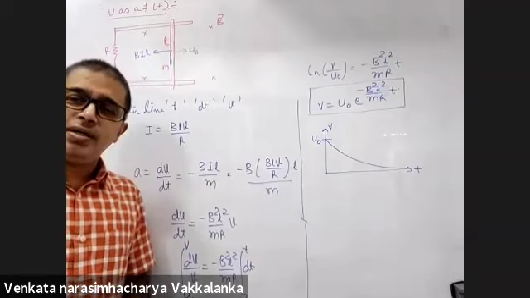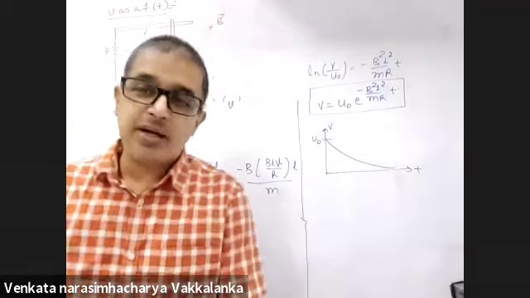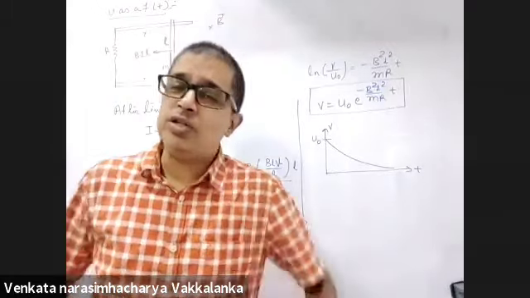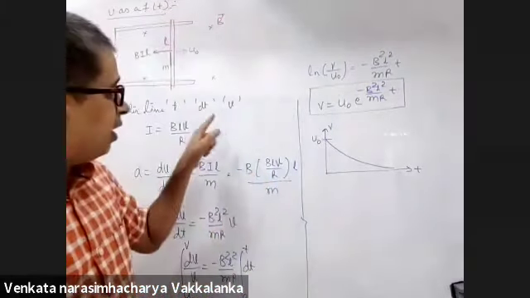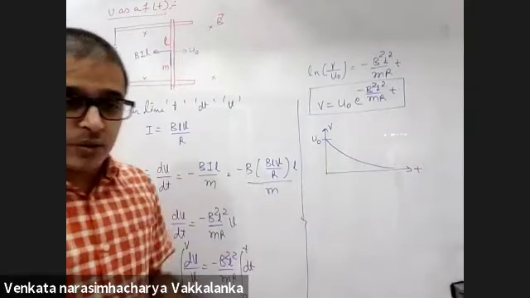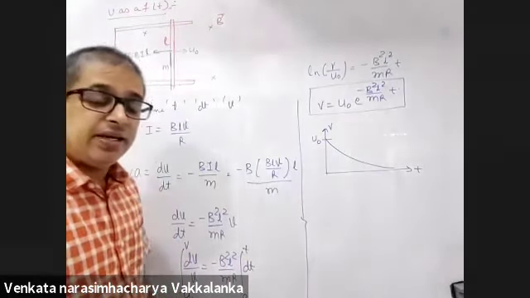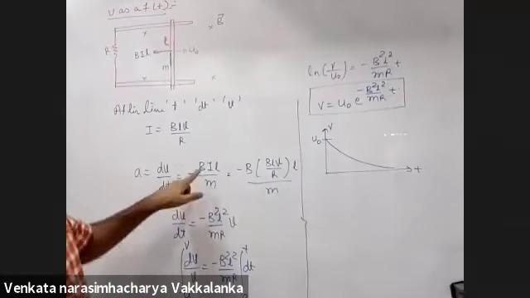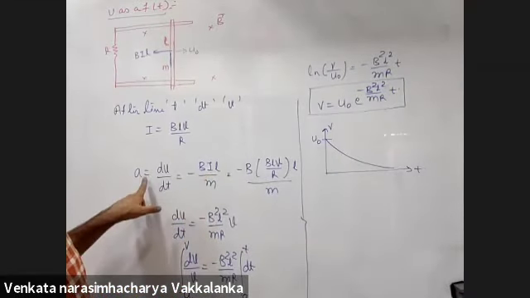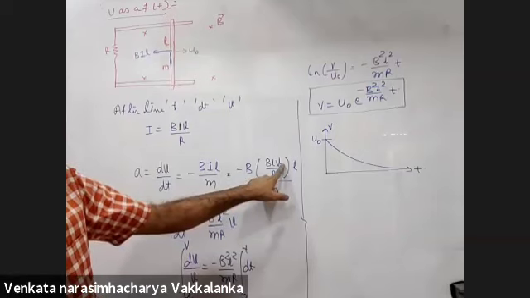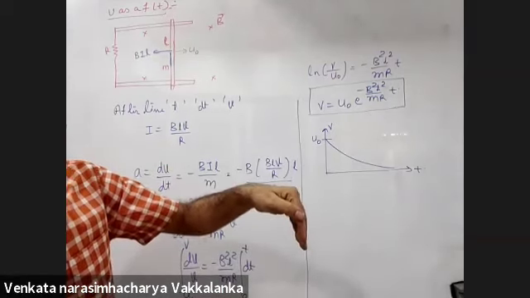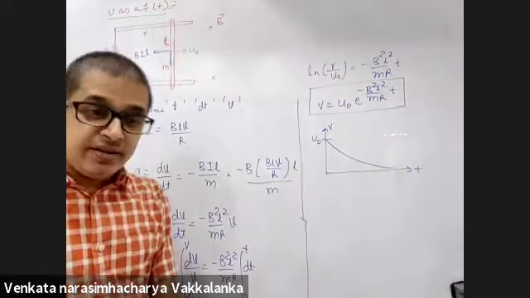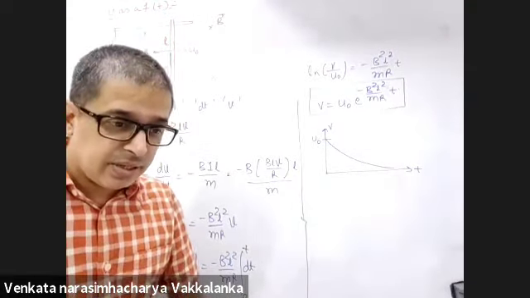Why, sir? When you were teaching kinematics, you said v equal to u plus at, everybody can come to rest if there is deceleration. Forces also gradually decrease. If it is decelerating, it will not come to rest? Their deceleration was constant. Here deceleration itself is decreasing. Deceleration itself is dependent on velocity. When velocity decreases, the rate of deceleration itself decreases. dv by dt decreases.